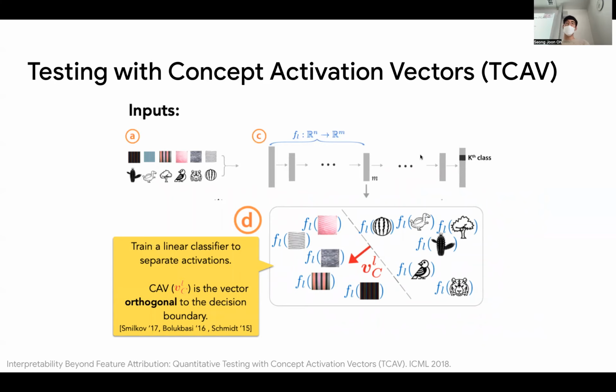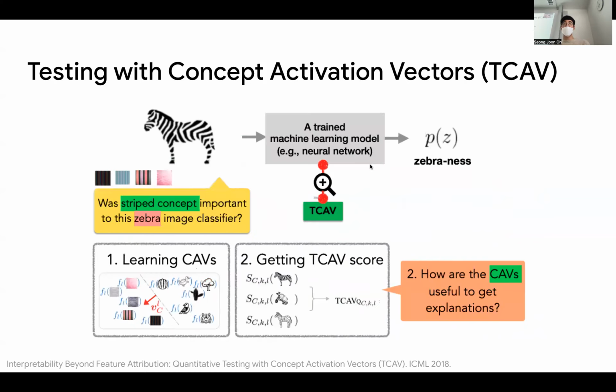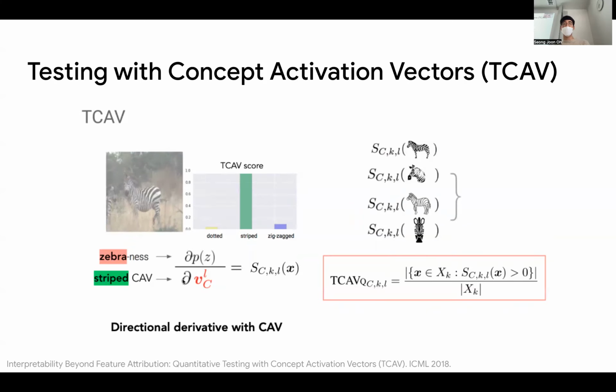And from the prediction we can backpropagate, right? But while backpropagating, we also compute the score with respect to this learned decision boundary in the middle. And that's going to give us the gradient with respect to this decision boundary for stripedness. And that's exactly the score that we were looking for. How much of the stripedness concept contributed to the prediction of this particular sample for a zebra?